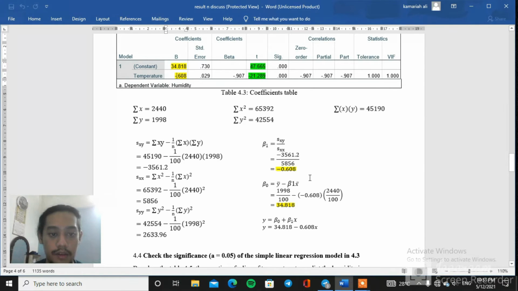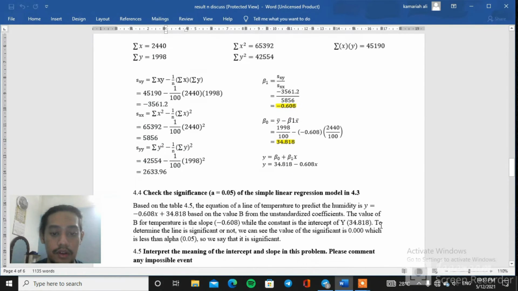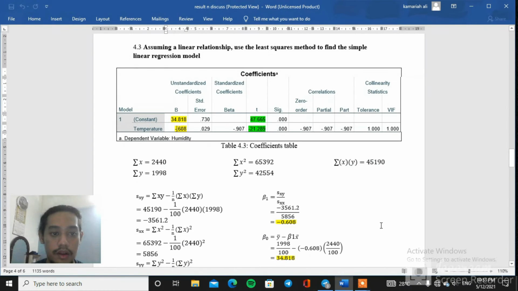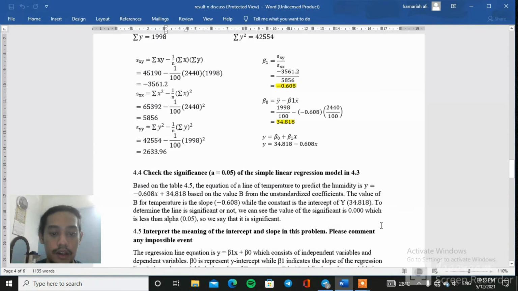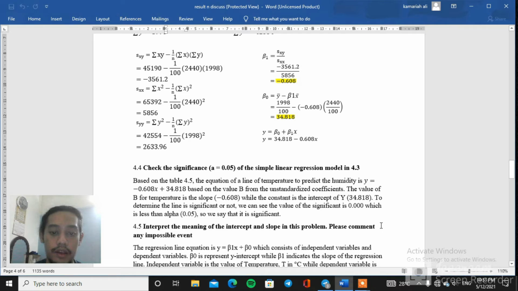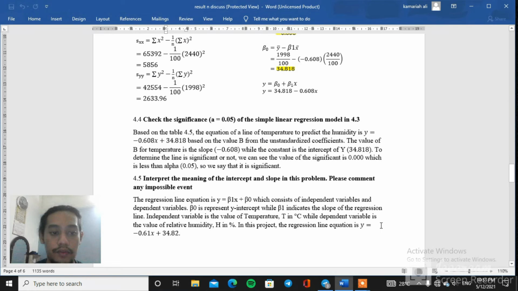As we can see in the table here, it is the same. So the linear regression model is y equal to 34.818 minus 0.0608x.